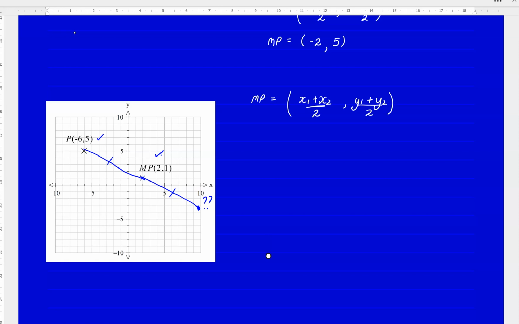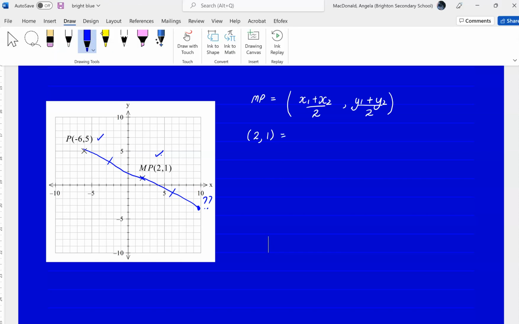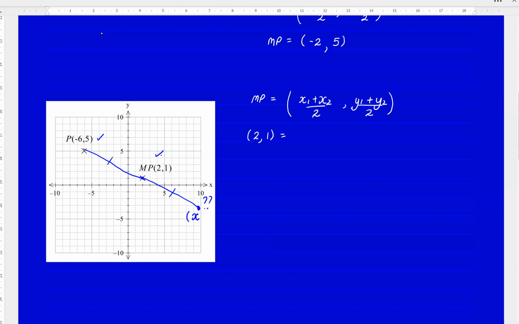But this time, instead of just adding our 2 points together, our midpoint is the one in the middle. So we've actually got 2, 1 as our midpoint. And we don't know what the other coordinate is, so let's call this just x and y.